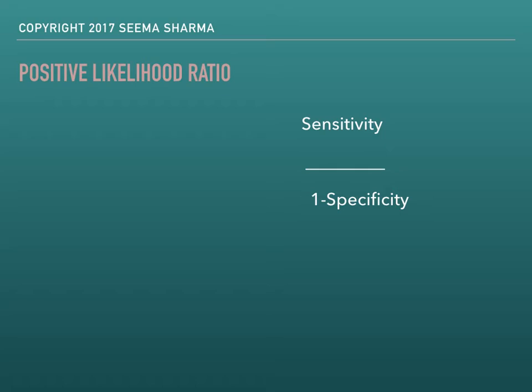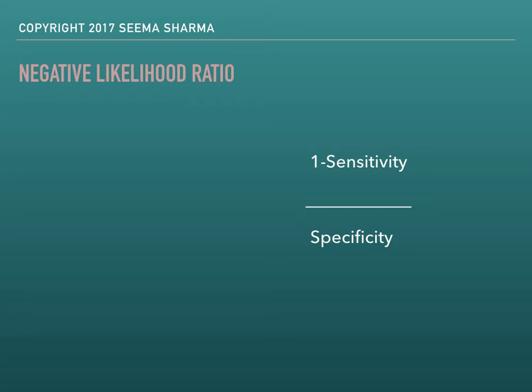Say somebody tells you that a test has a positive likelihood ratio of 11. How would you interpret that? If someone tests positive, he is 11 times more likely to have the disease than not have the disease.